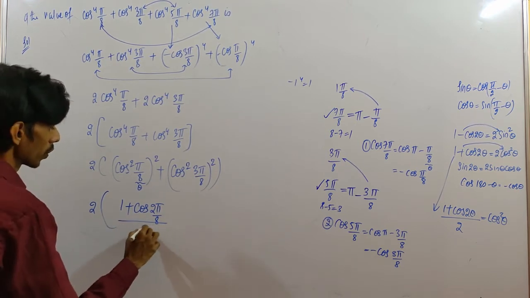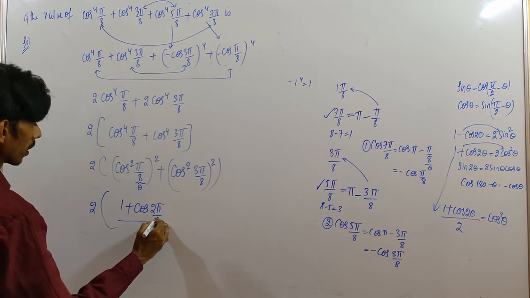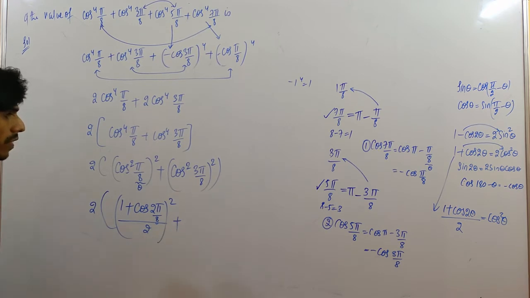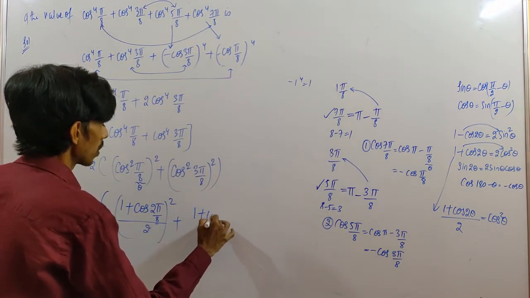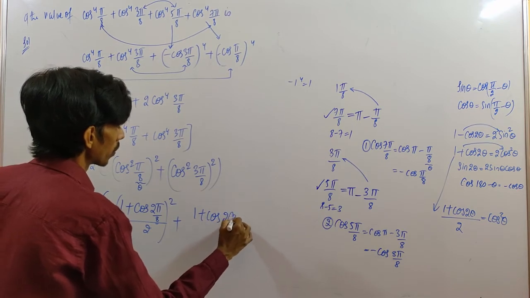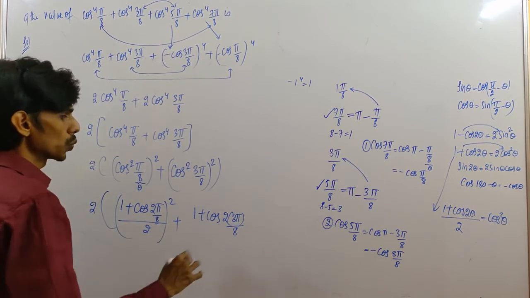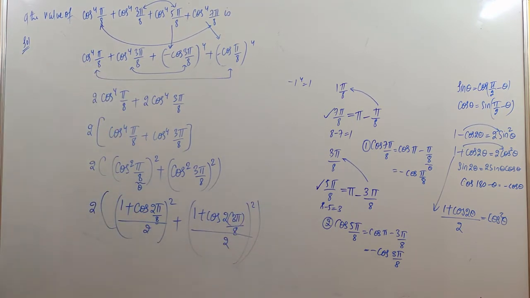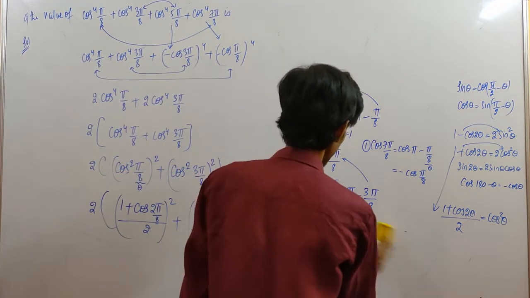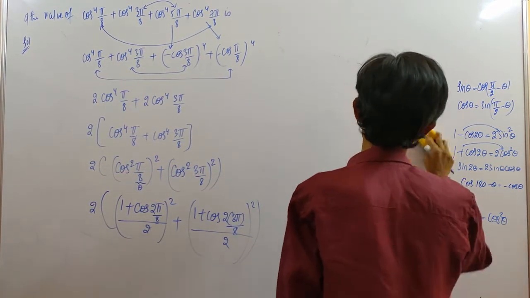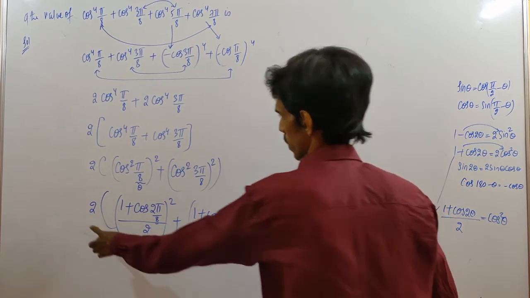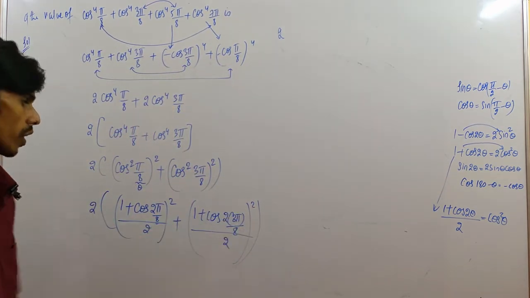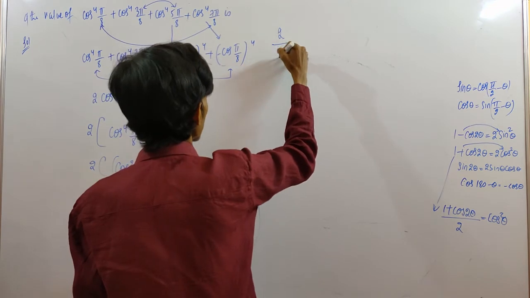(1 plus cos 2 theta) by 2, whole square. This can also be written as (1 plus cos 2 times 3 pi by 8) by 2, whole square. Now write down these two as they are. 2 square is 4, and 4 can be taken out, so it will become 2 by 4.